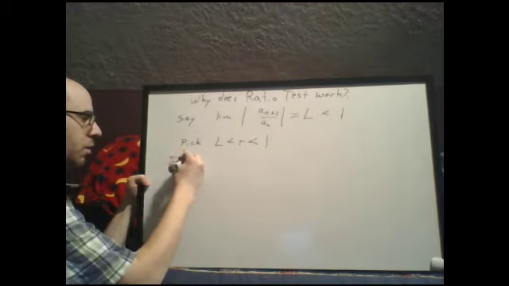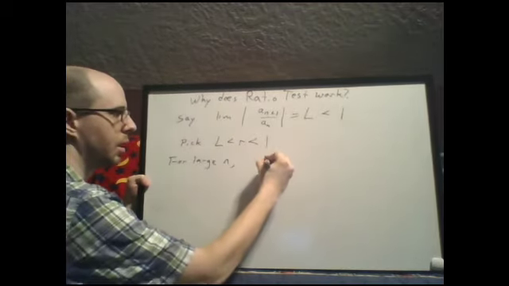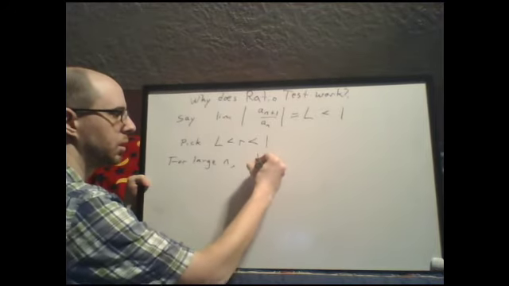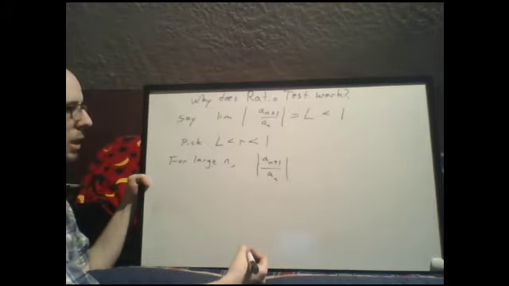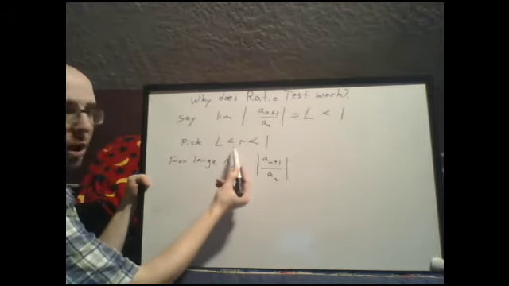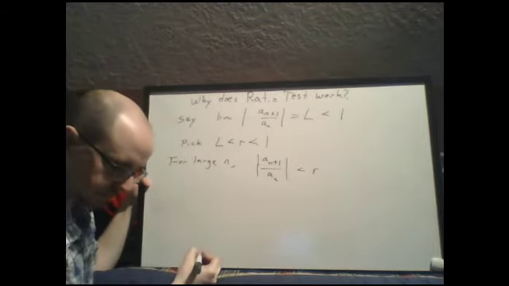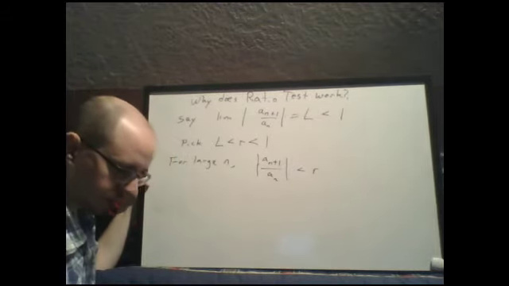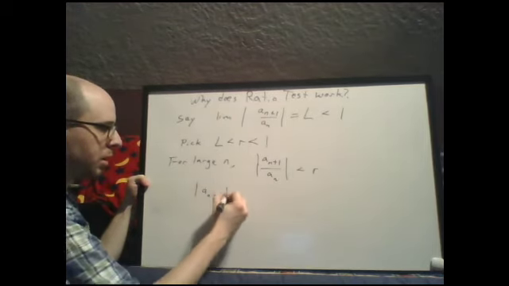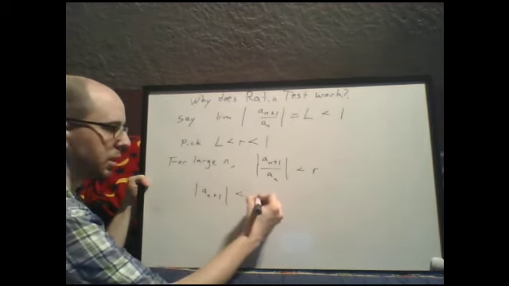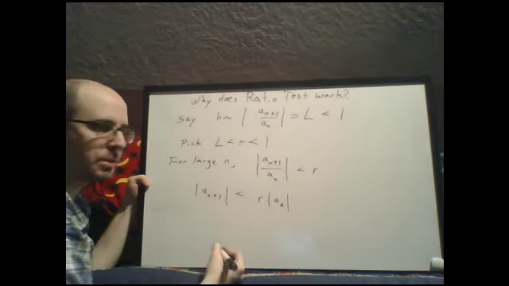Then for large N, |a_{n+1}/a_n| has to be less than R. Well, if this is true, that tells me that |a_{n+1}| is less than R times |a_n|.